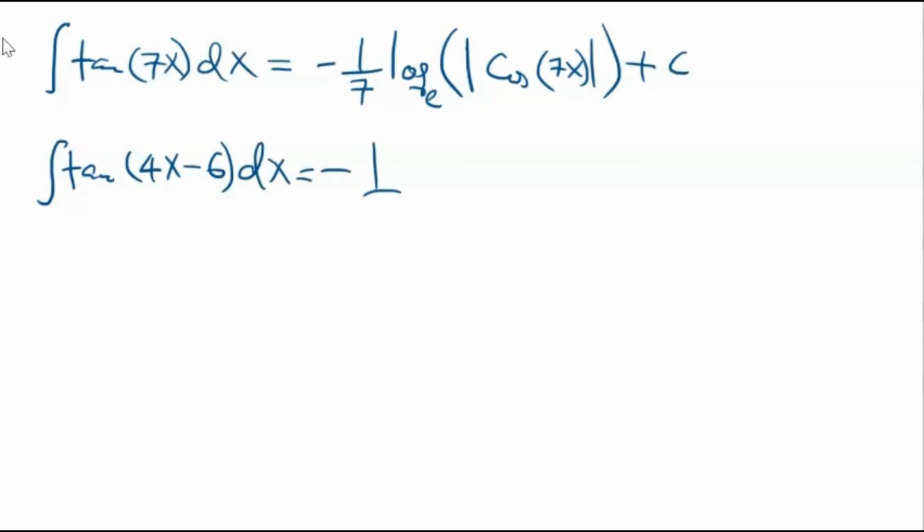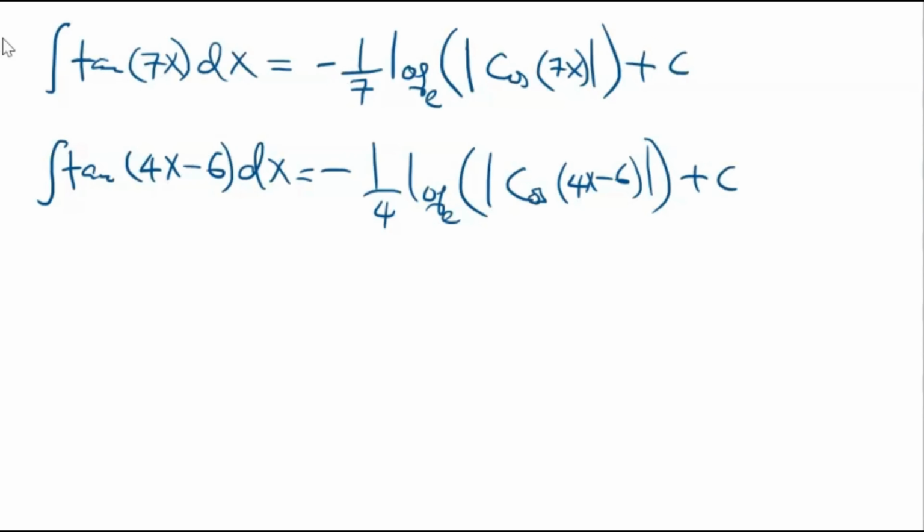Again, it's going to be 1 over 4, the natural log. So you open a bracket, the absolute sign, cosine 4x minus 6, plus the absolute sign, plus c.